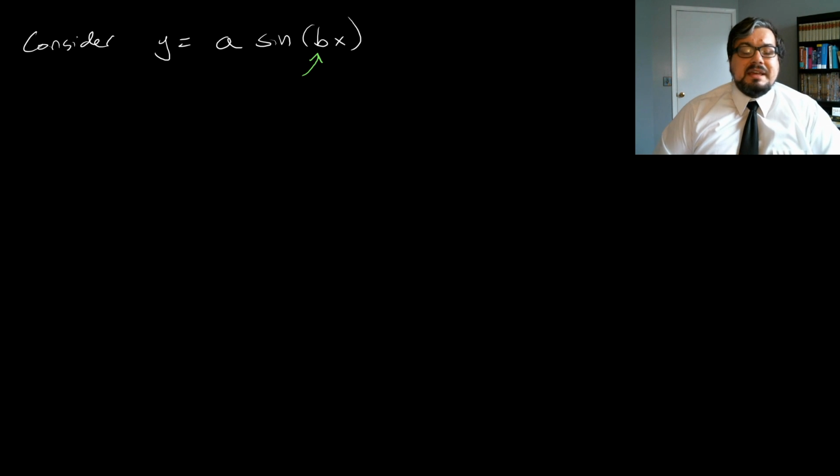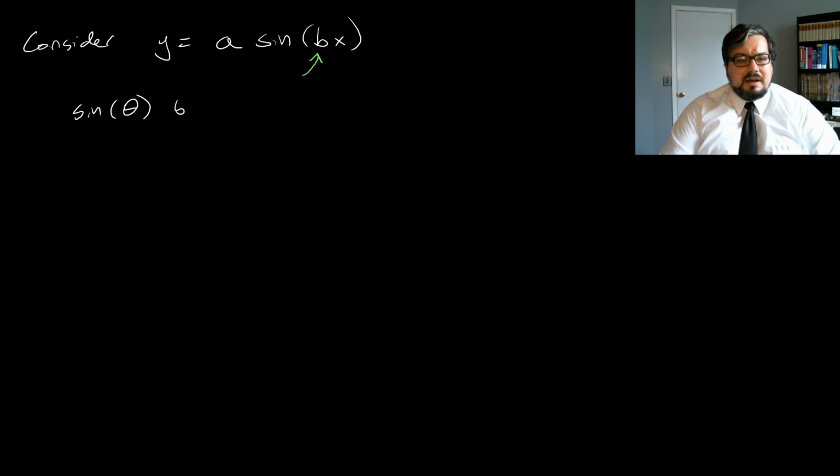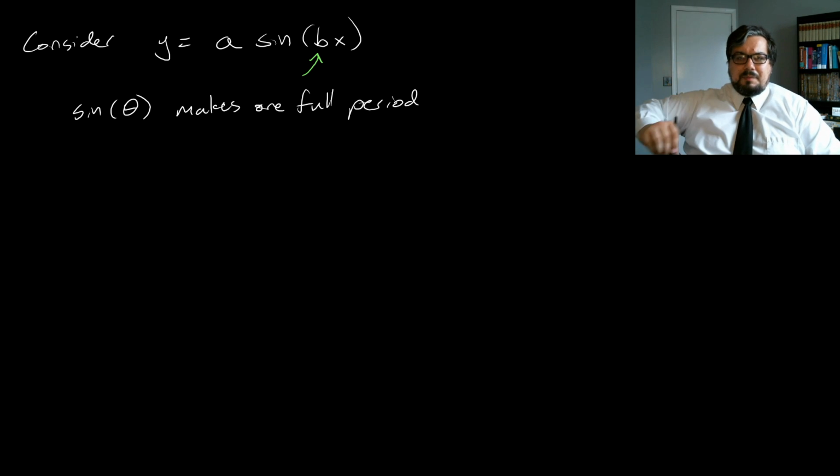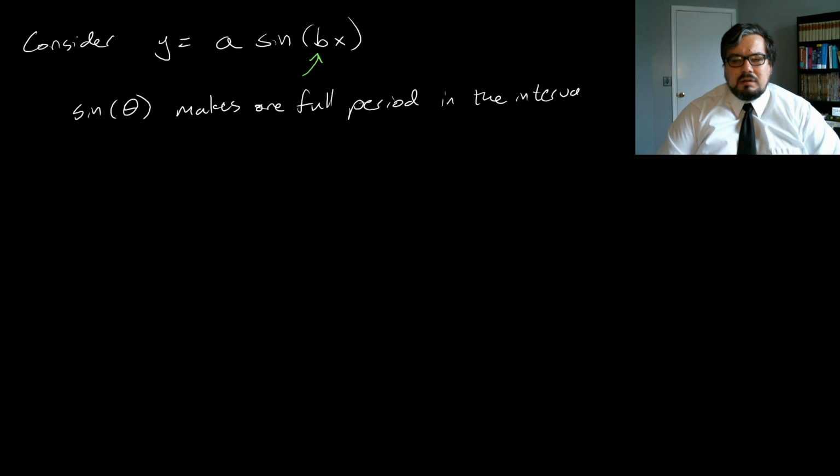Now, a good way of thinking about what's going on here is the following. We know that sine of theta makes one full period, one full movement up and down and back, in the interval where theta goes from 0 to 2 pi.